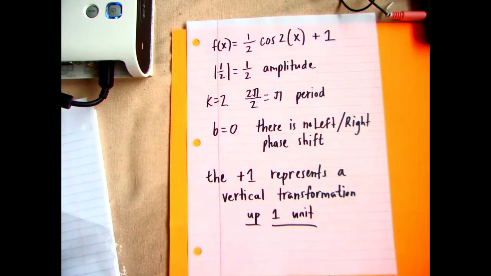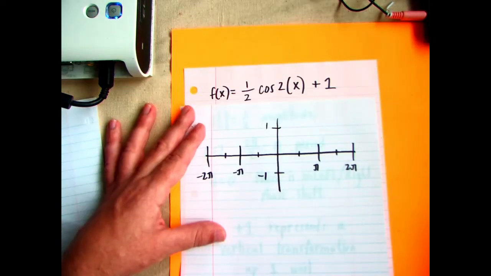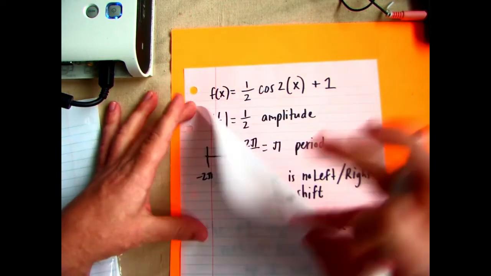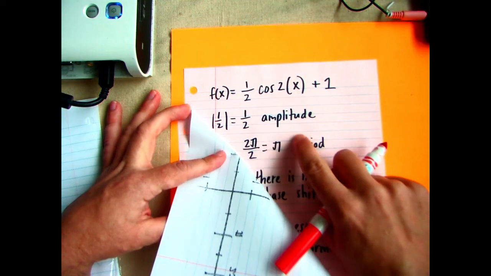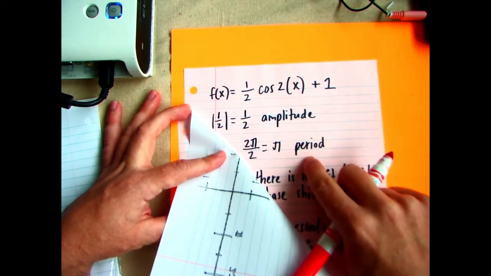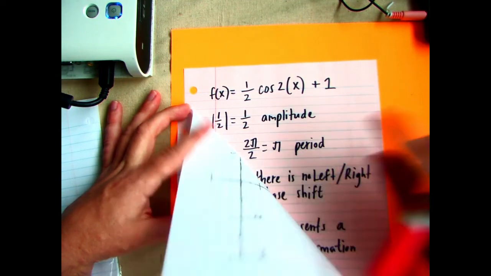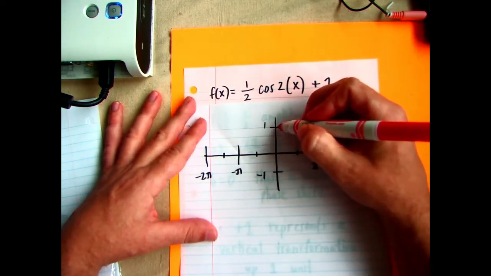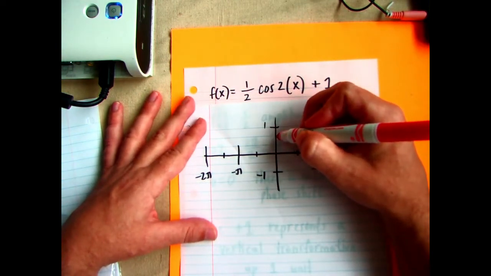Okay, so with these characteristics identified, let's try to graph that. So in red here, I'm going to graph the amplitude and the period at the same time. So I know my amplitude is half, and I know my period is pi. So it's not going to be quite as tall.